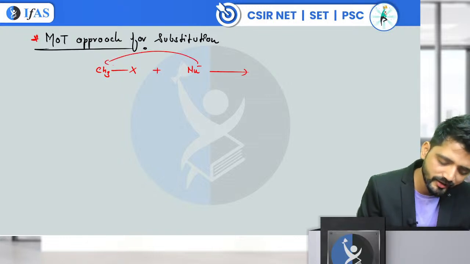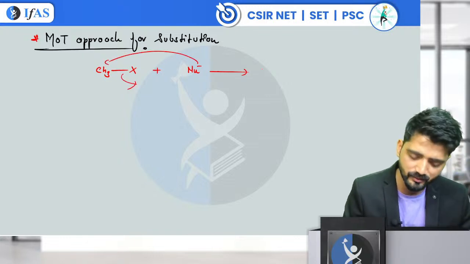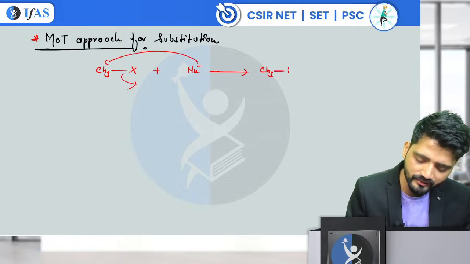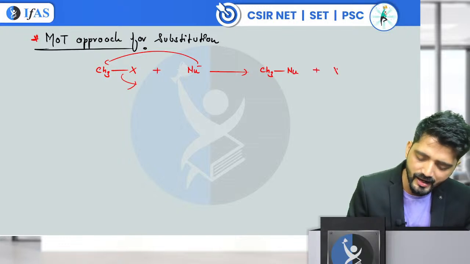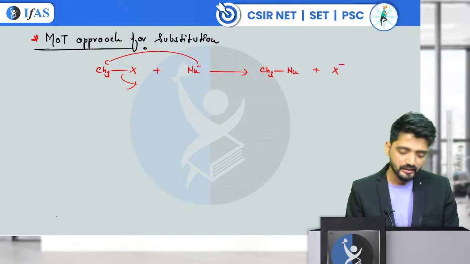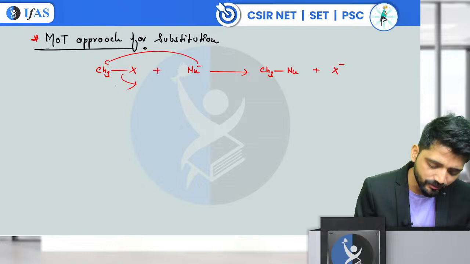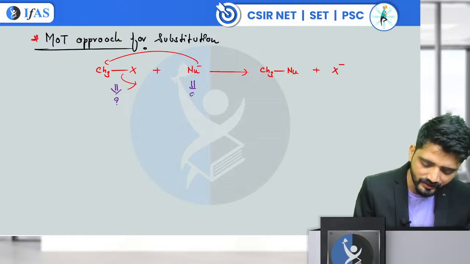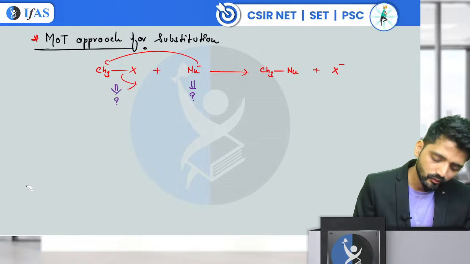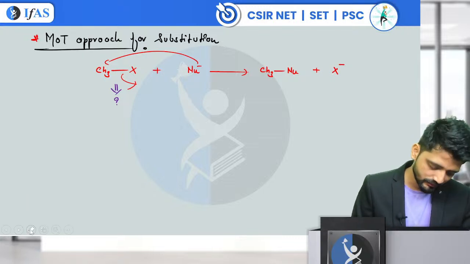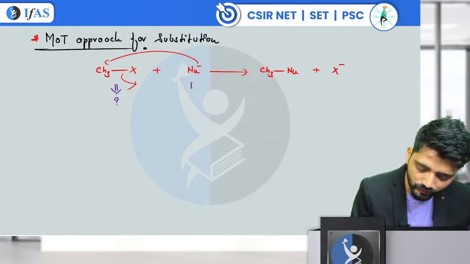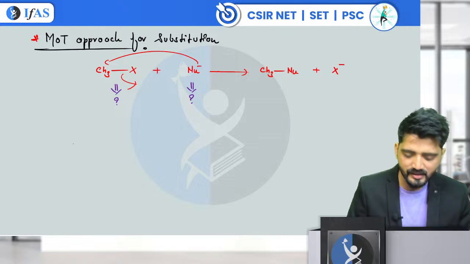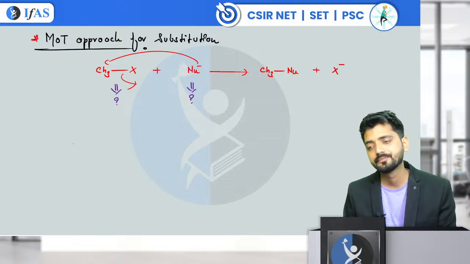Since this nucleophile is attacking at this center and X is eliminated, we get the product CH3-Nu, and the leaving group is eliminated. Now, if I ask you which orbitals are involved here, can you tell me what molecular orbitals are participating from the substrate side and from the nucleophile side?